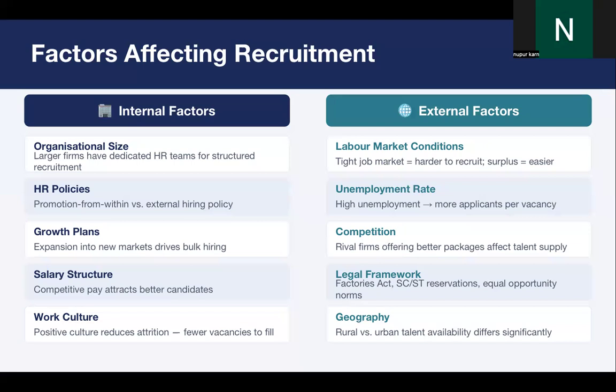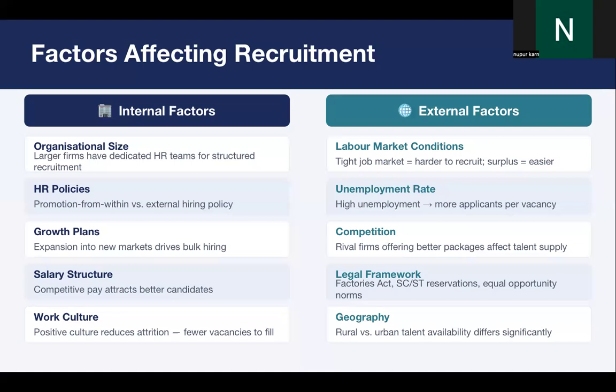Labor market condition means a tight job market is harder to recruit in, while a surplus means easier. When the labor market condition is tight, it is harder to recruit because only a few vacancies are there, and you need to fill only a few posts.